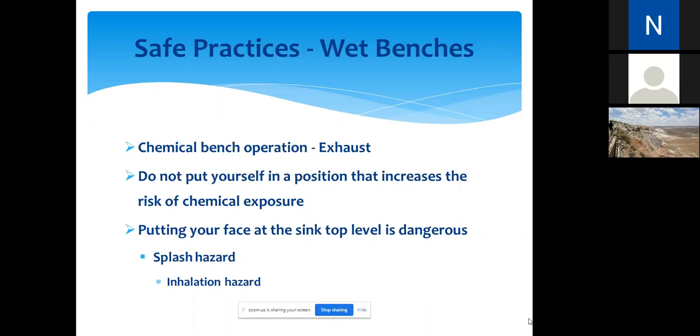And therefore, do not put your head or your face underneath or inside of the hood. Remember, the hood is there for a purpose. That is to suck up all the different fumes that you don't want in your face. So sticking your head in the hood is not the way to do it.